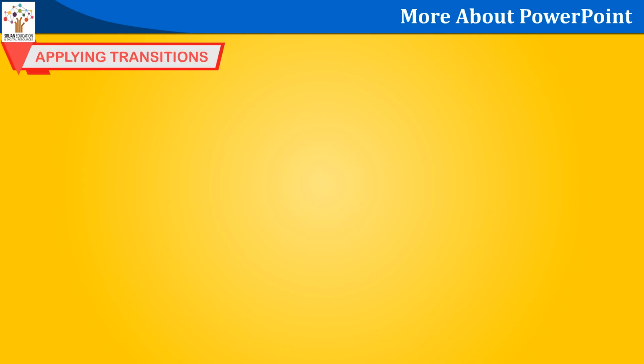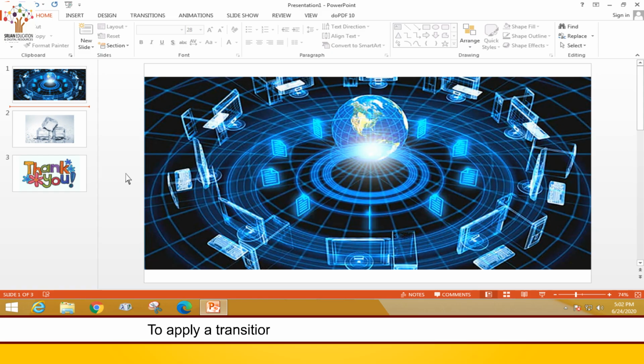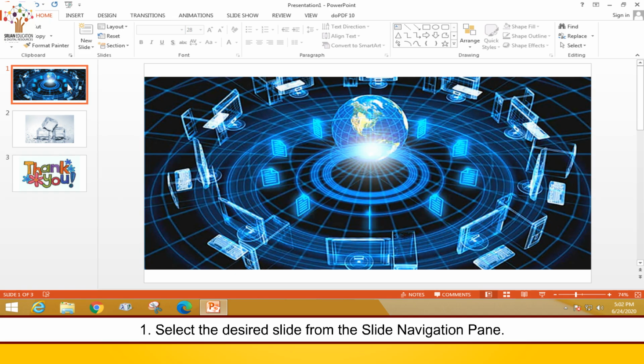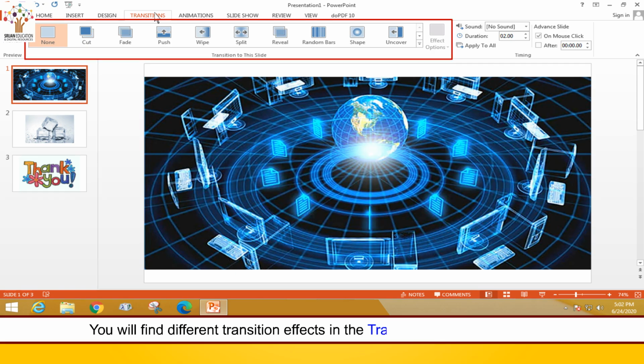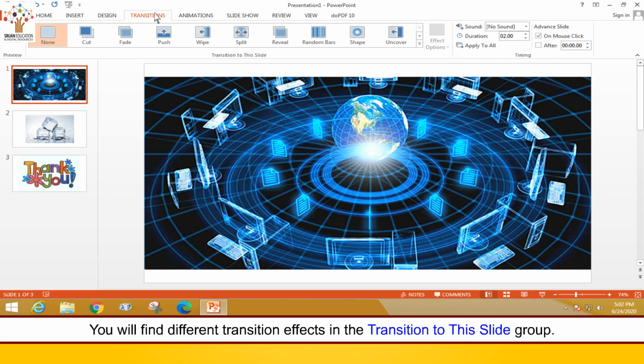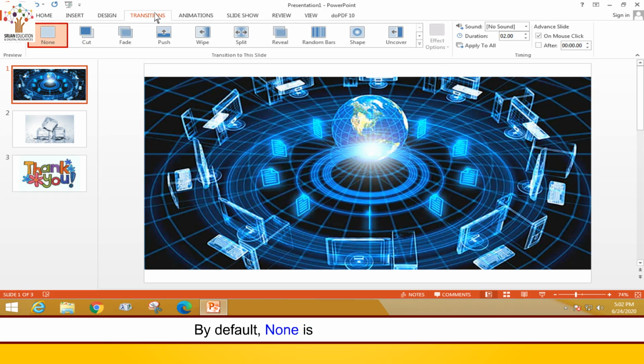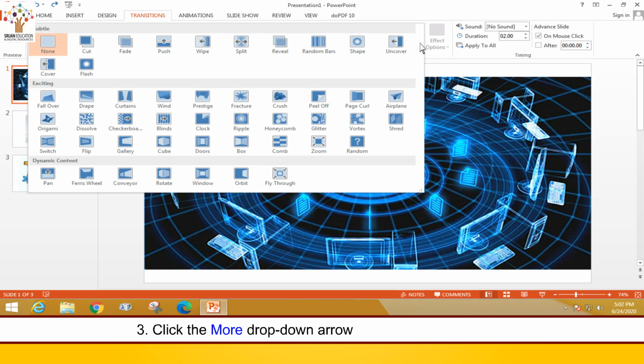Applying transitions. To apply a transition effect to a slide, follow these steps. Select the desired slide from the slide navigation pane. Select the Transitions tab. You will find different transition effects in the Transition to This Slide group. By default, None is applied to each slide. Click the More drop-down arrow to display all transitions.